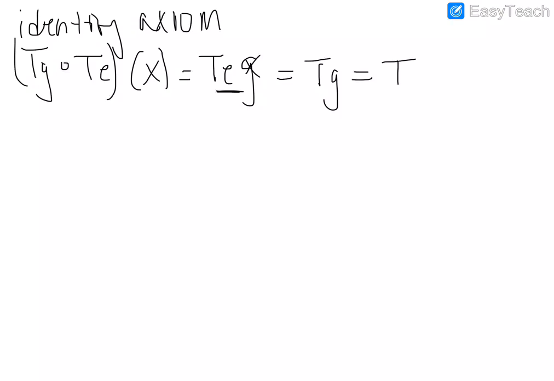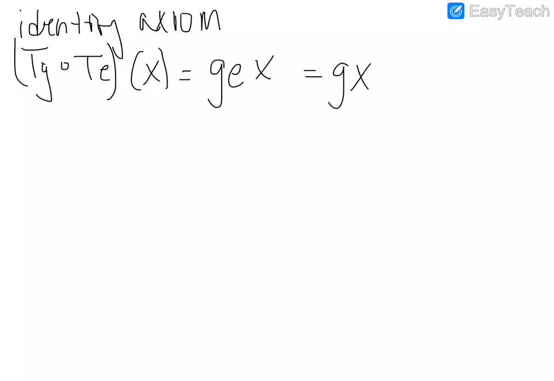I made a bit of a mistake here. As we showed earlier, this is actually g e of x, and g e of x is just equal to g of x, given gx, because e is our identity, and the identity is what you multiply to get the same thing. gx is also equal to T_g of x, which has proven our identity. So that's a big check next to the identity axiom.